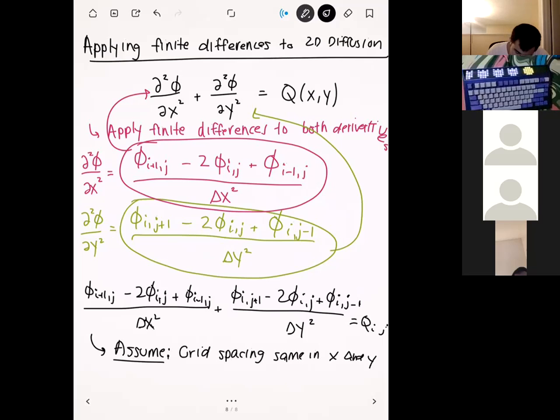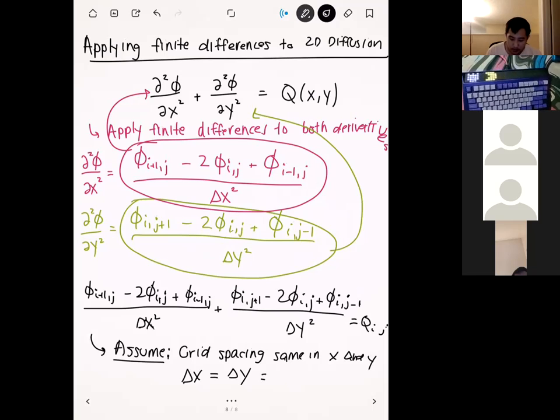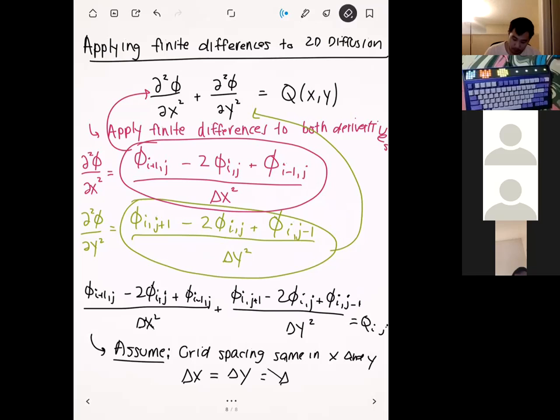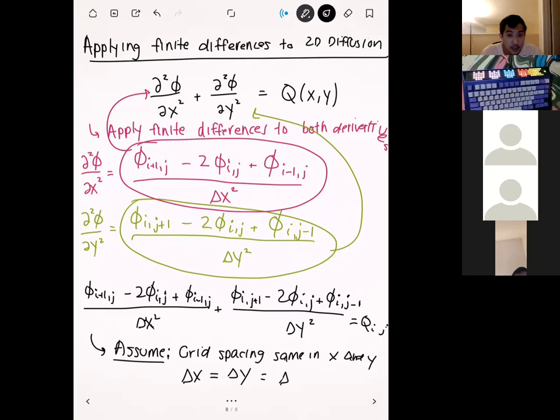So basically we're going to have delta x equal to delta y. Then I'm going to shorten this and just call it delta. That should help us simplify this pretty significantly, because now, if we want, we can put these all into the same denominator. But what I'm going to do actually is take delta squared and multiply by both sides.